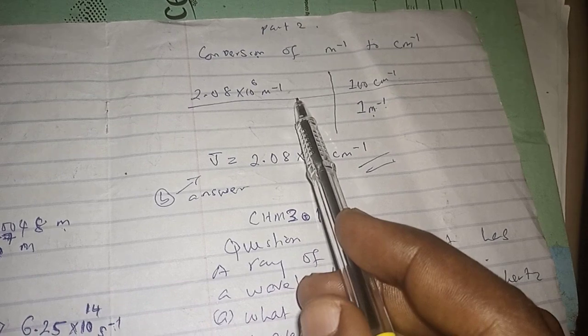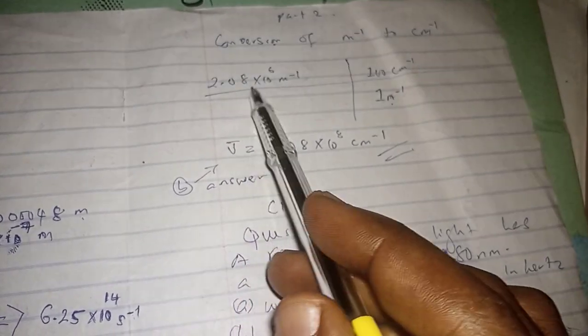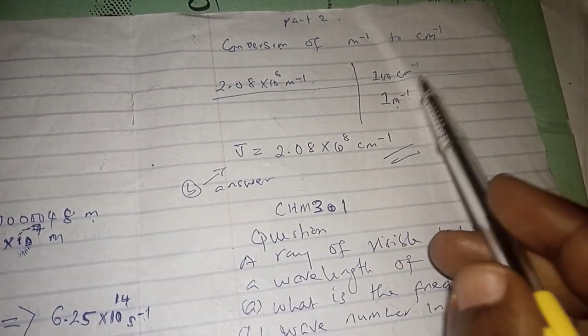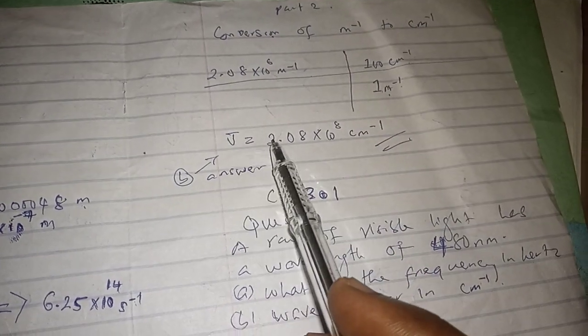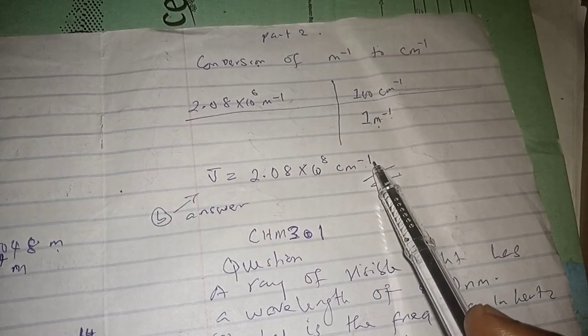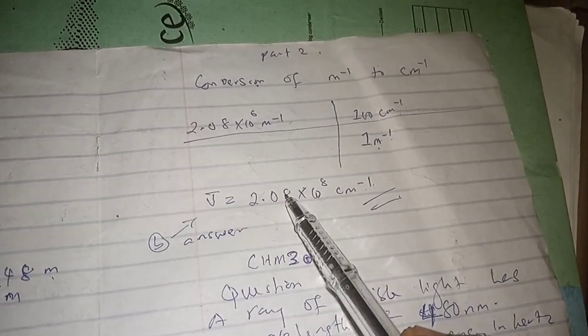Then you have 2.08 times 10 raised to the power of 6 meter inverse; this and this will cancel, and this will leave you with 2.08 times 10 raised to the power of 6 multiplied by 100 centimeter inverse, and this will give you your wave number to be 2.08 times 10 raised to the power of 8 centimeter inverse or centimeter reciprocal as your answer in B, the wave number.